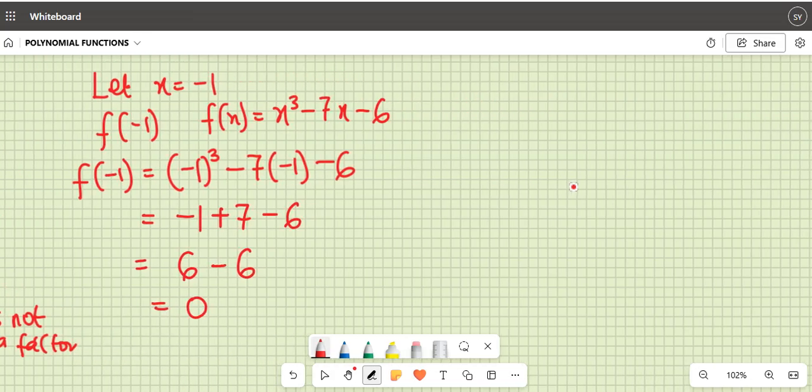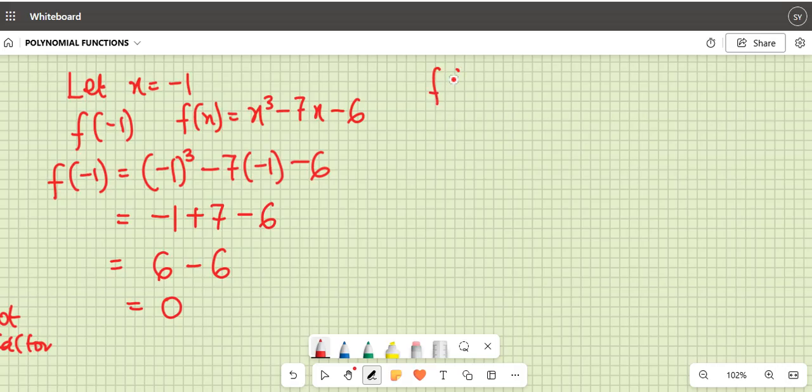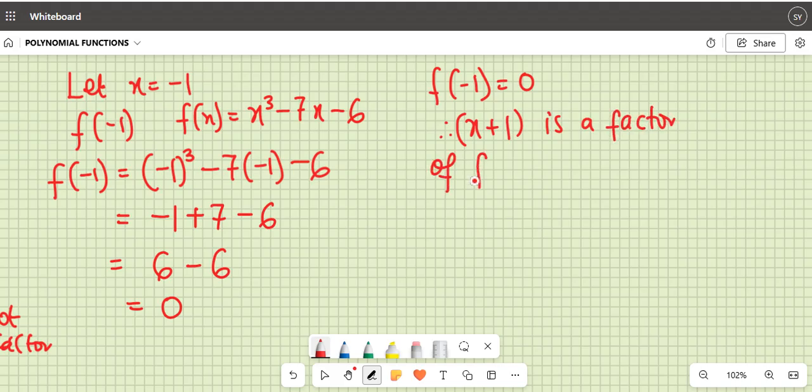So this tells us that f of negative 1 is 0, and this tells us that x plus 1 is a factor of f of x. Now, if x plus 1 is a factor of f of x, and we divide f of x by x plus 1, we will get another factor, a quadratic factor.